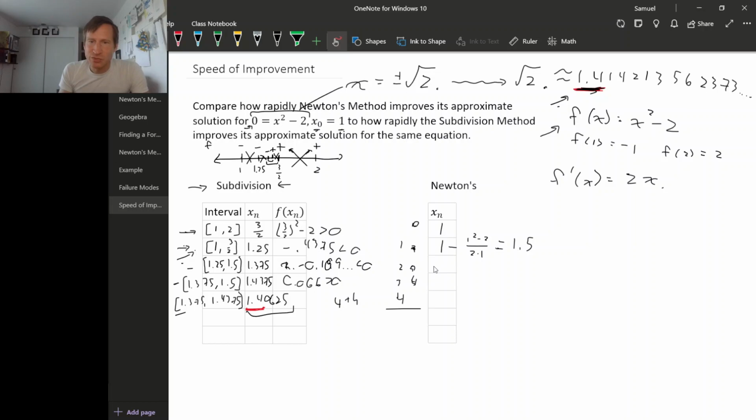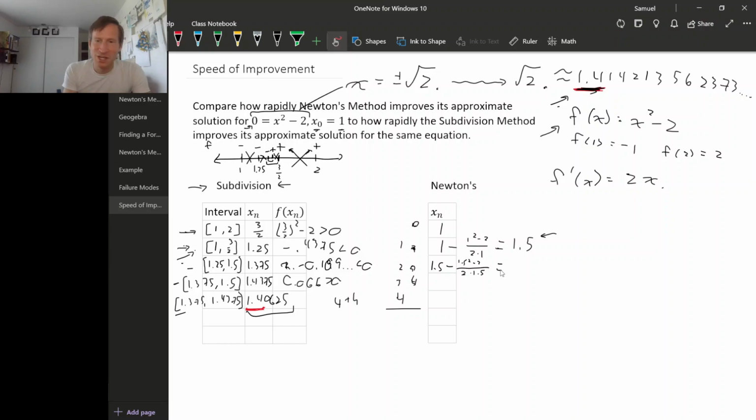So for our next stage, we're going to take 1.5 and plug it into Newton's method. So 1.5 minus 1.5 squared minus 2 over 2 times 1.5. Okay, so calculator time. 1.5 minus 1.5 squared minus 2 divided by 1.5 times 2 is 3. I messed something up when I entered that into my calculator.